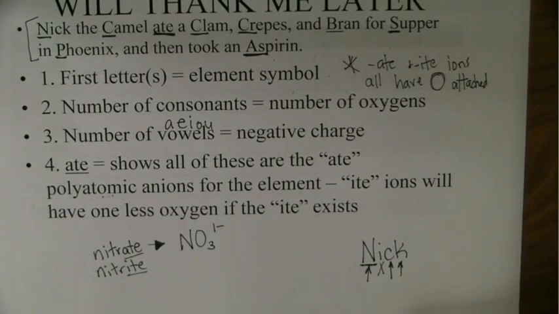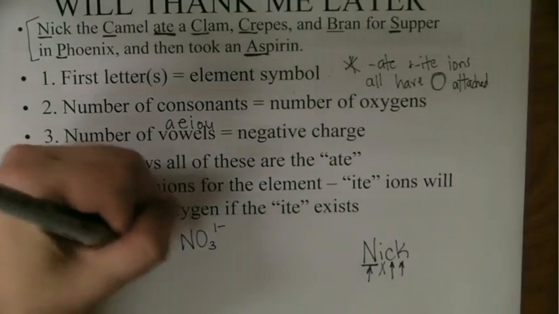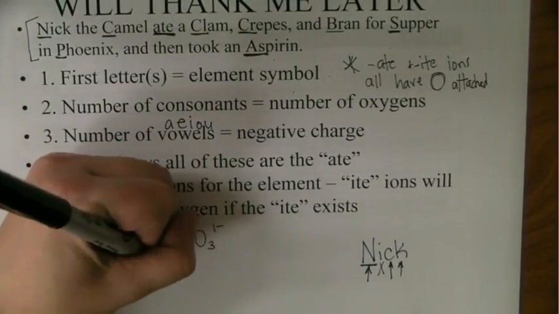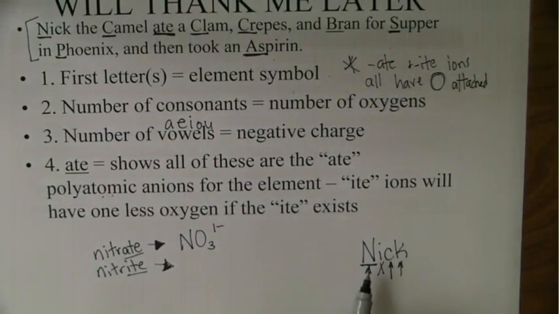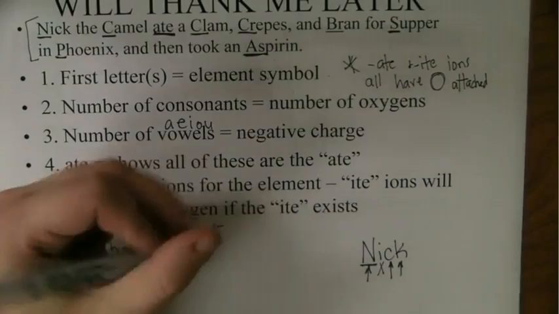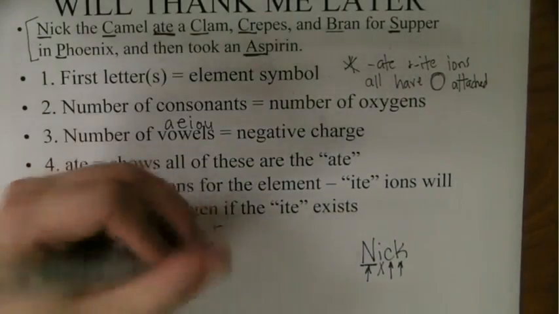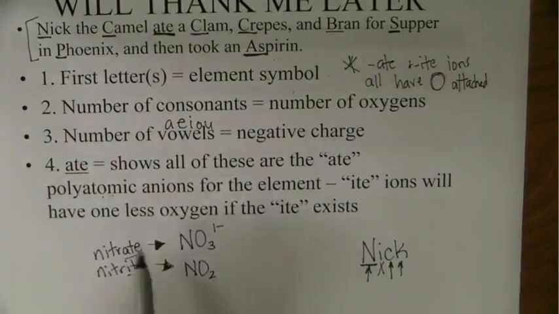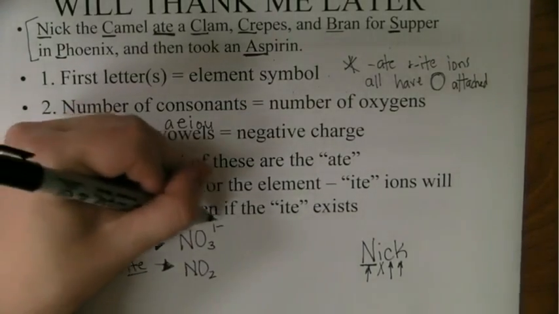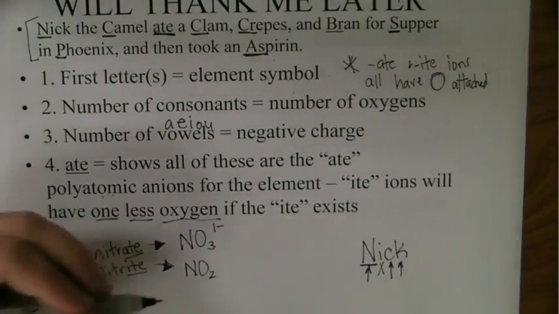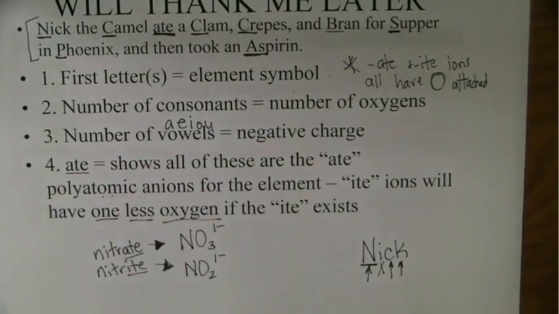We'll just never refer to them if they don't exist. So nitrite, same idea. I know Nick is for nitrate, so nitrate is NO3. That means nitrite must be NO2, one less oxygen, with the same charge, -1.